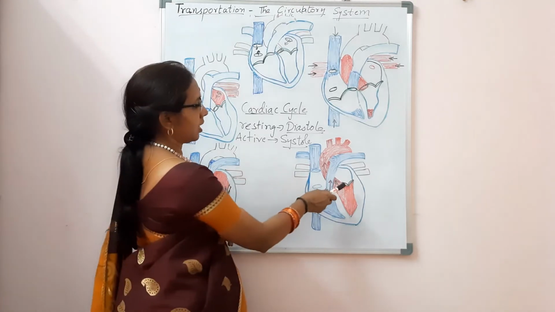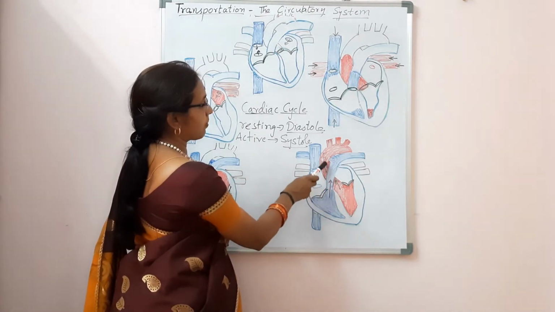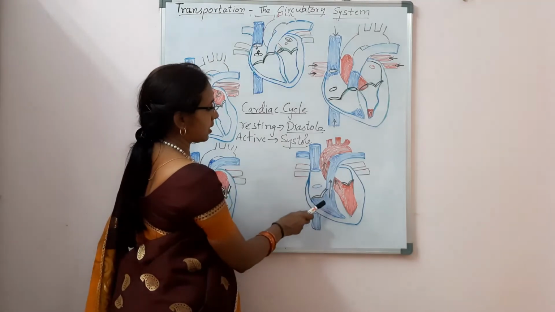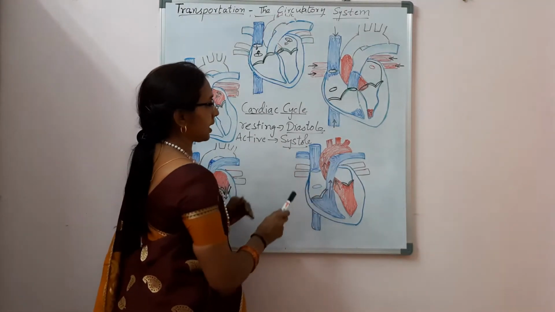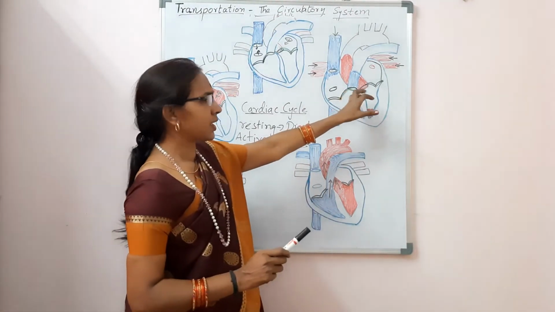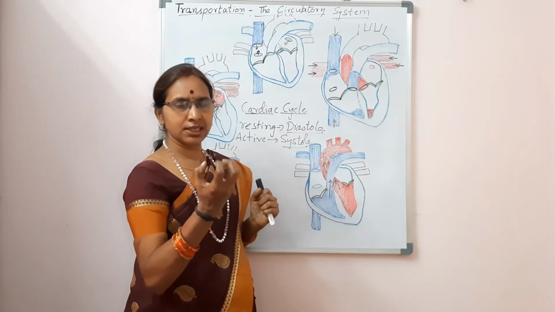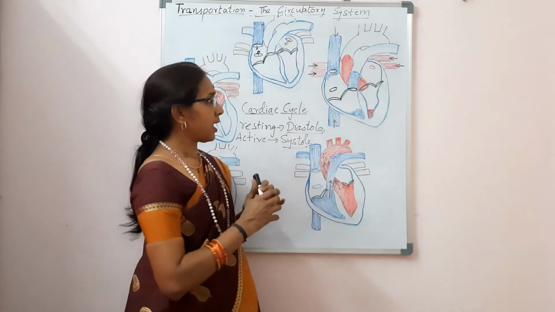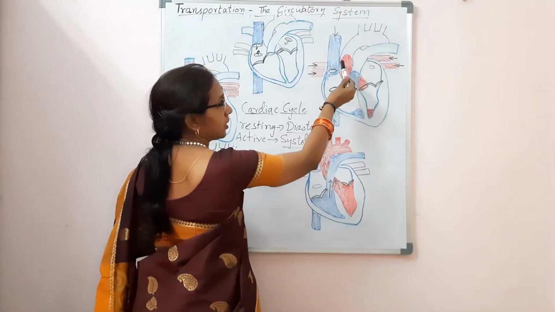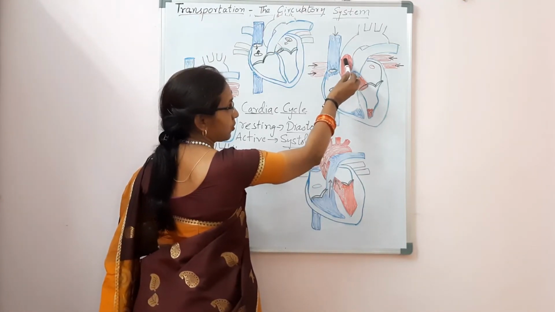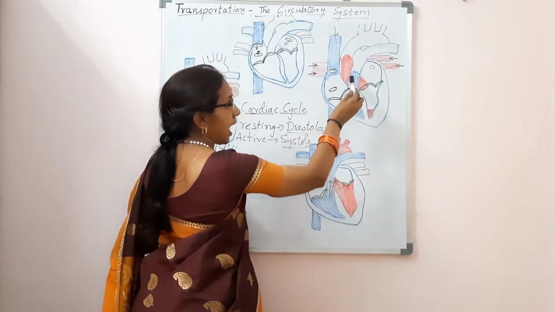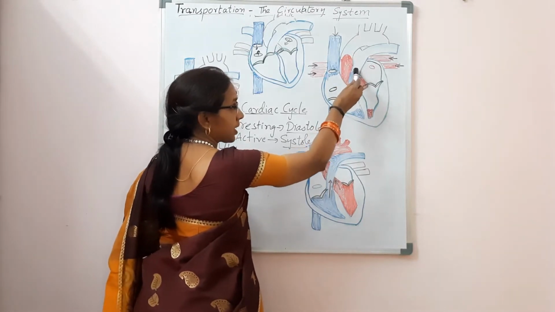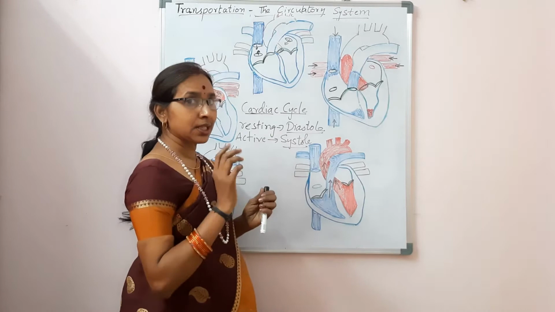Now when the pure blood is moving into the aorta and the impure blood is moving into the pulmonary artery, the ventricles start relaxing. When they relax, the pressure inside the ventricles becomes low, and there are chances of the pure blood in the aorta and the impure blood in the pulmonary artery coming back.